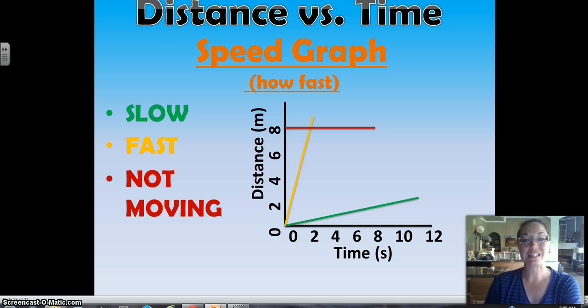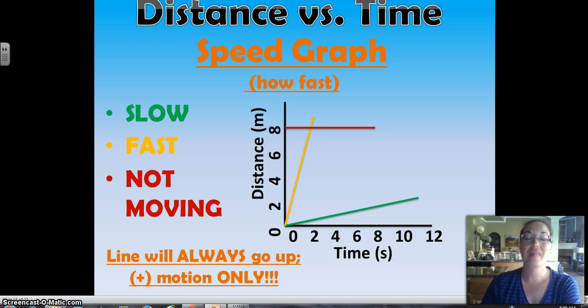If the line is flat, that is simply saying that over time, 2 seconds, 4, 6, 8, the distance is not changing, and therefore the object must not be moving, so it is at rest. Remember that on a distance versus time graph, since distance cannot be negative, these lines will always go up. You will never have a slope that is going downward on a speed graph because you cannot have negative distance.